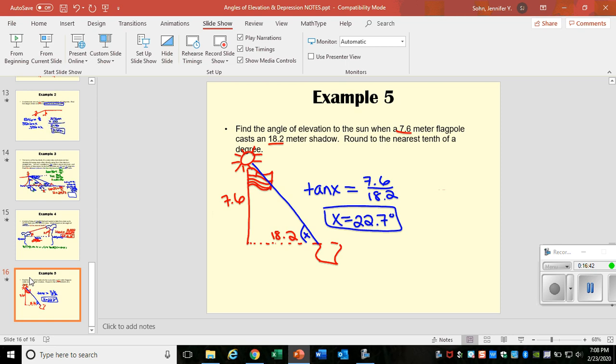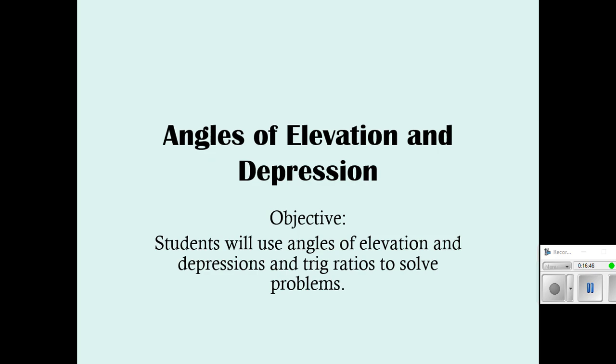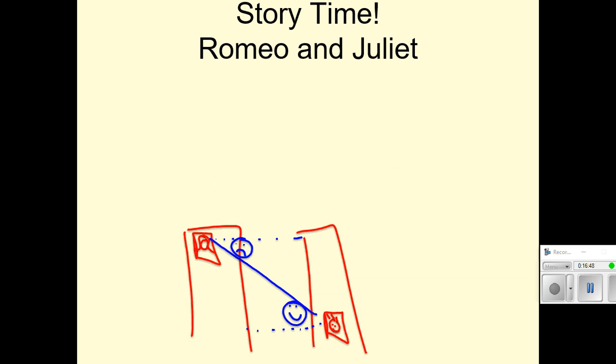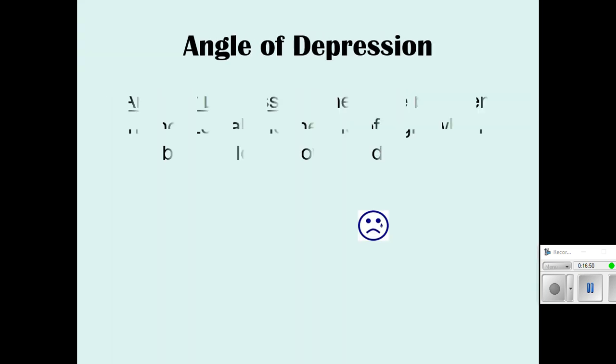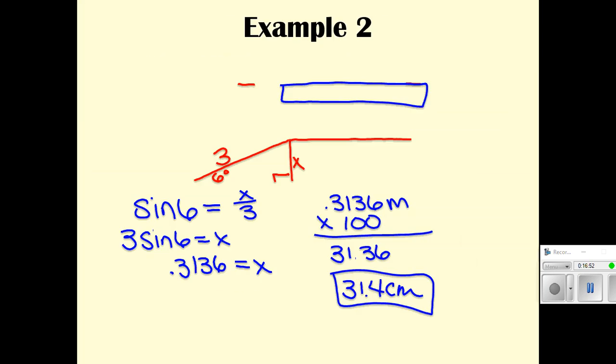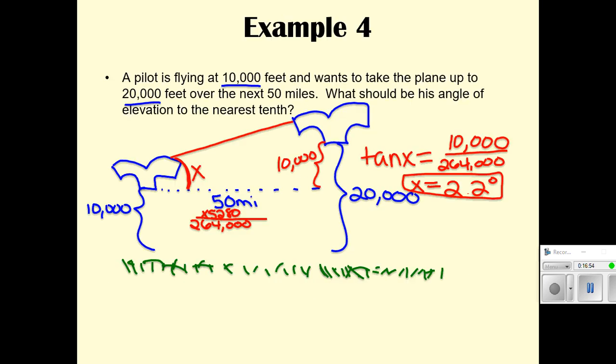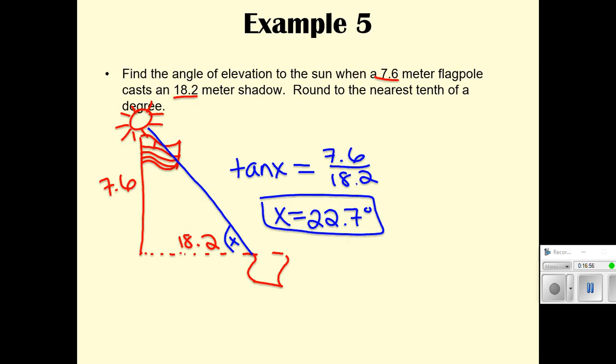Let's try another one like that. Find the angle of elevation to the sun where a 7.6 meter flagpole casts an 18.2 meter shadow.